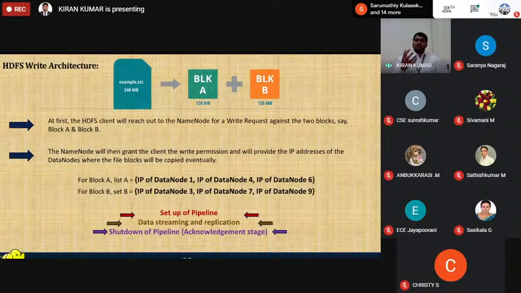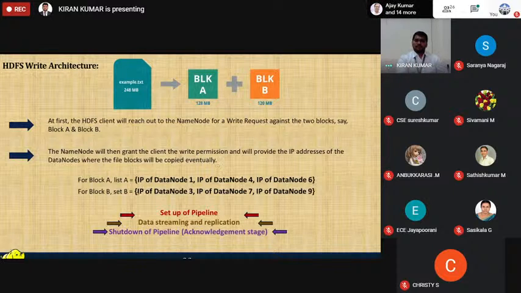The name node has all the information, because the name node has the metadata. It has the information about all the data nodes, where exactly the space is available and where exactly the space is full. The name node will then grant the permission, and with that permission, it gives the IP addresses of the data nodes where the file blocks will be copied eventually.